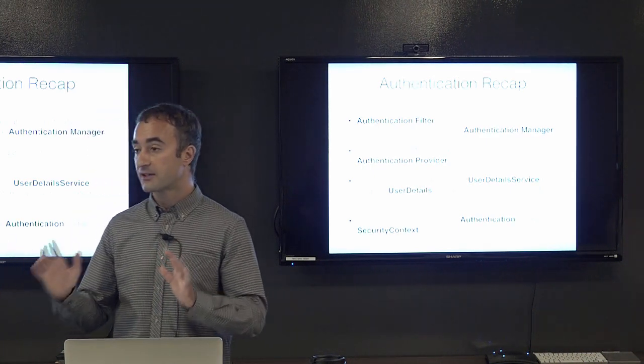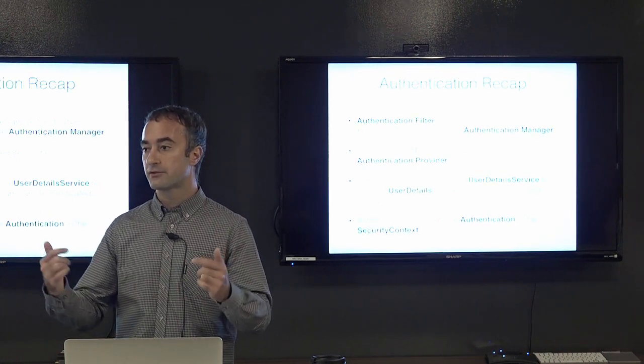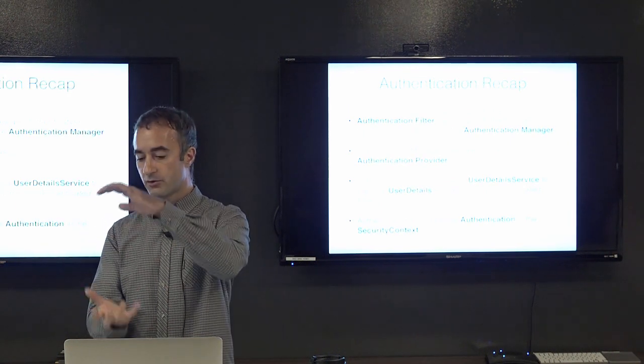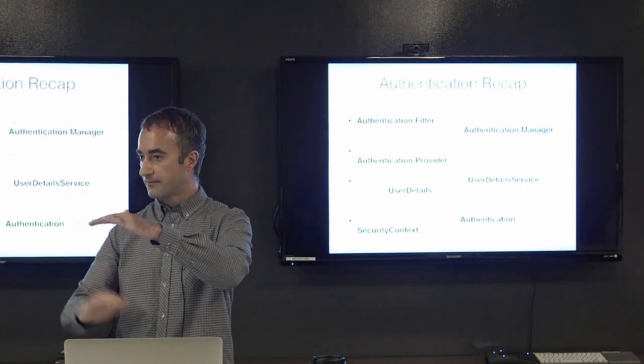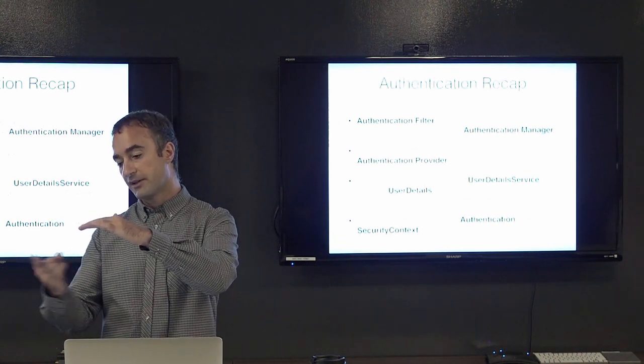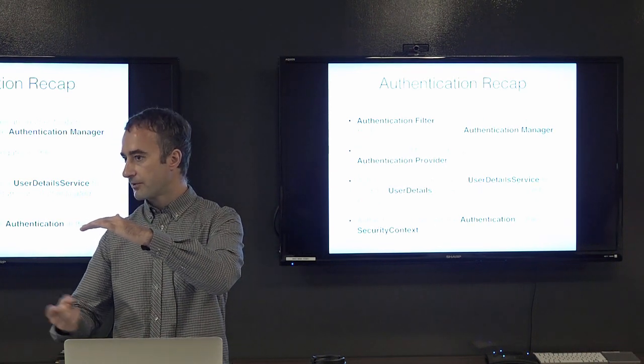But ultimately, when the request comes in, the container determines, okay, for this request, what filters do I need to apply? One of them will be Spring Security. It'll create this filter chain of a set of ordered filters, and then that filter chain gets invoked. Each of those filters gets applied, and eventually it hits the Spring Security filter chain.